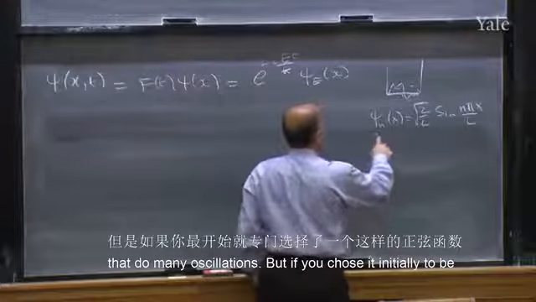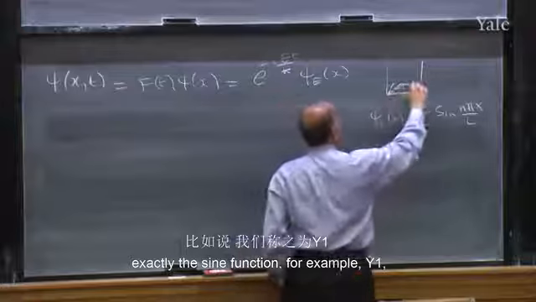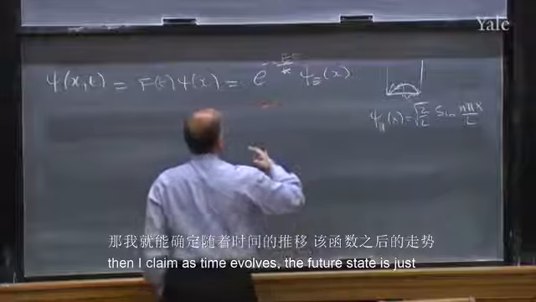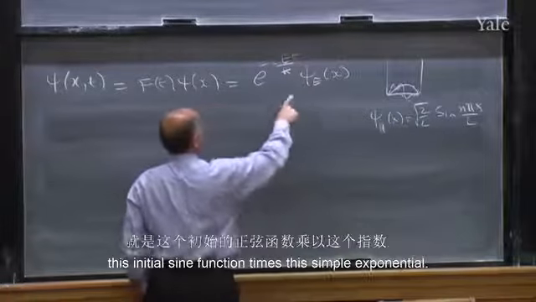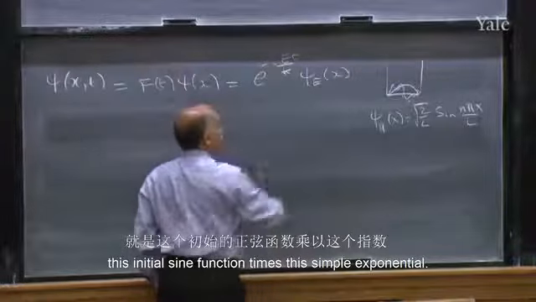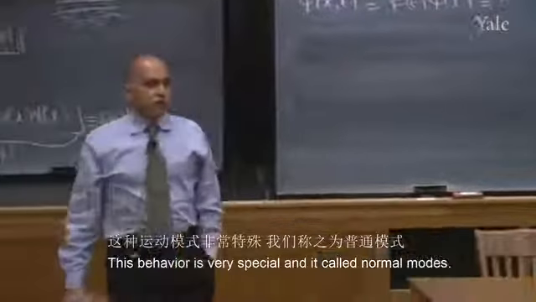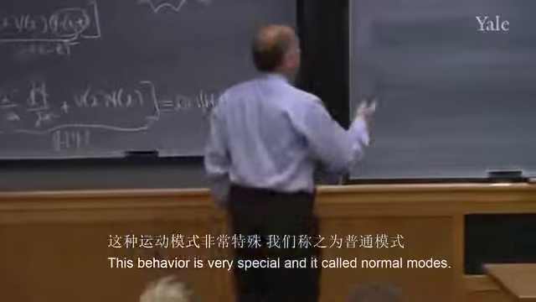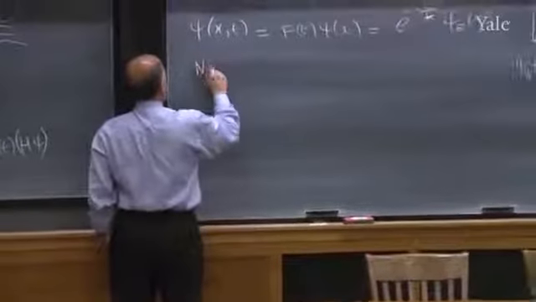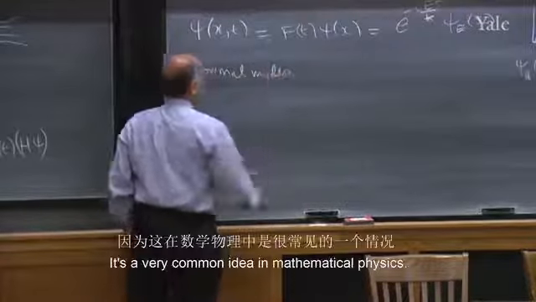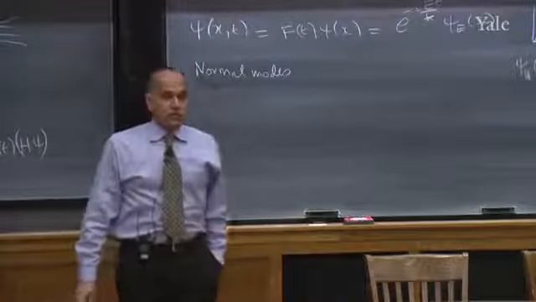But if you chose it initially to be exactly the sine function, for example, which is psi sub 1, then I claim as time evolves, the future state is just this initial sine function times this simple exponential. This behavior is very special, and it's called normal modes. It's a very common idea in mathematical physics.